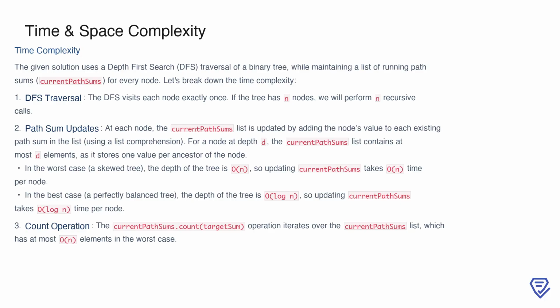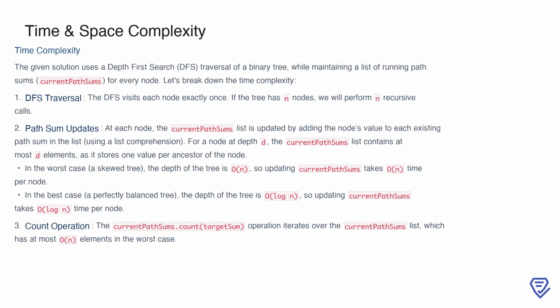For a node at depth d, the list contains at most d elements, one for each ancestor. In the worst-case scenario, such as a skewed tree, the depth is O(n), so updating the list takes O(n) time per node. However, in a perfectly balanced tree, the depth is only O(log n), making this update much faster, with a time complexity of O(log n) per node.